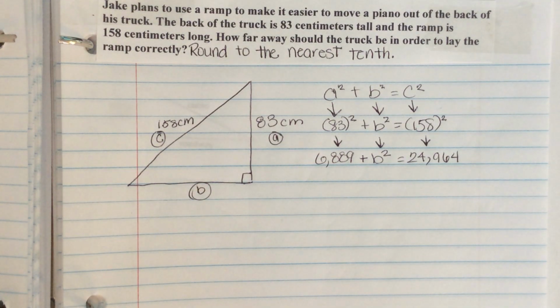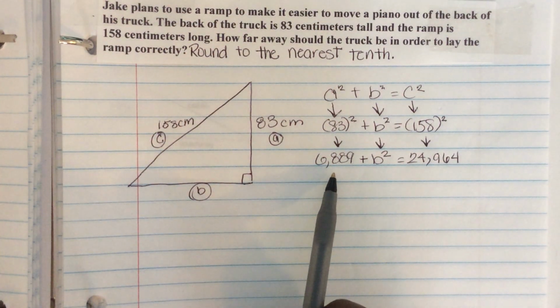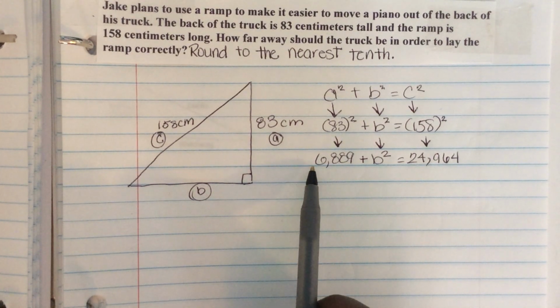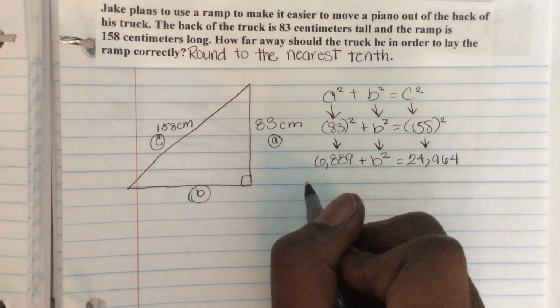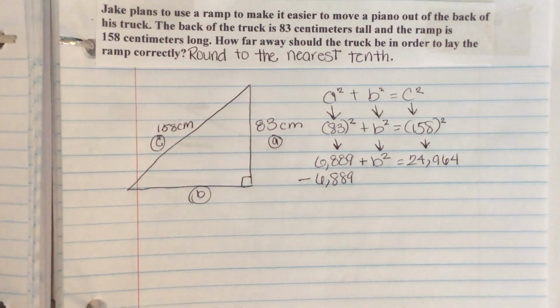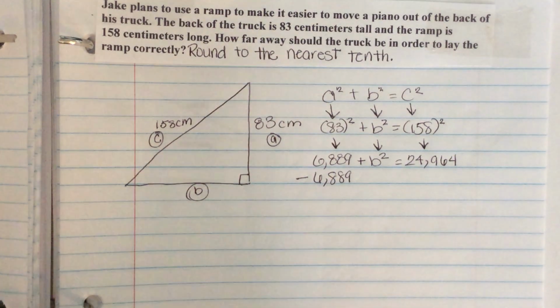In this case, we have a positive 6,889. So in order for me to determine what B equals, I will have to do the inverse operation of addition, because this is a positive 6,889, and I have to do subtraction. Whatever I do to one side of my equation, I have to do to the other side.